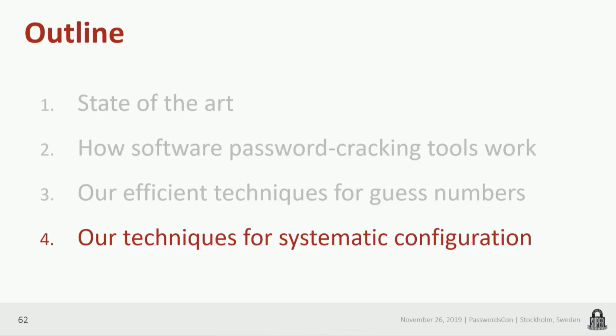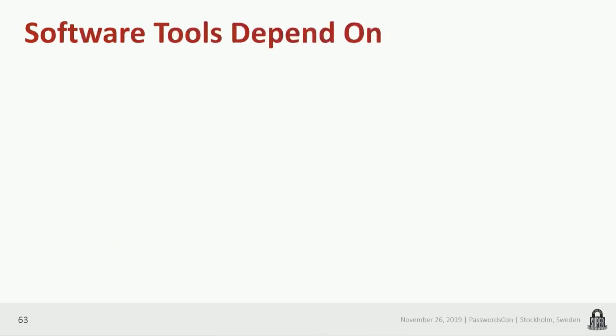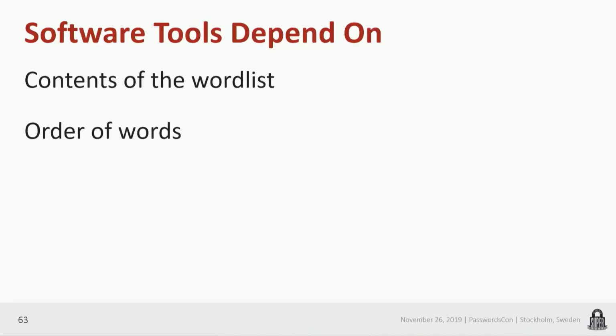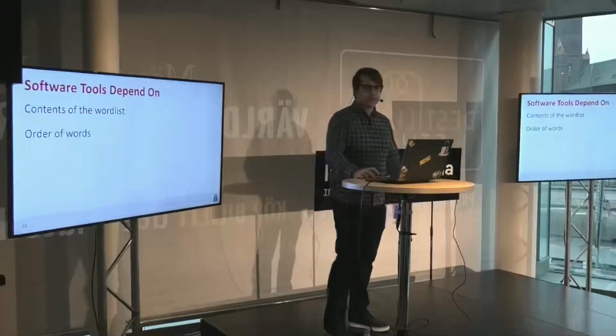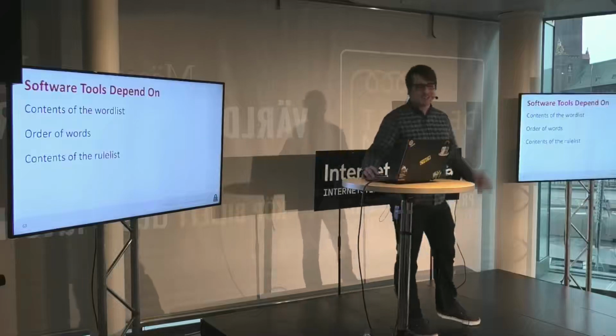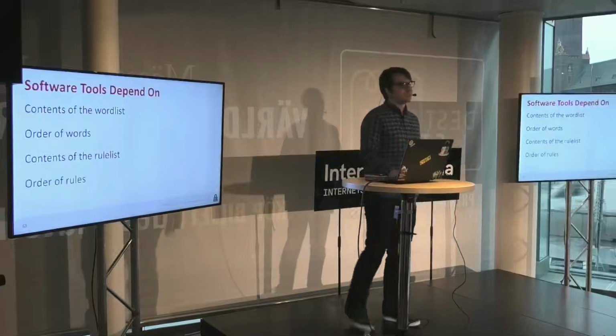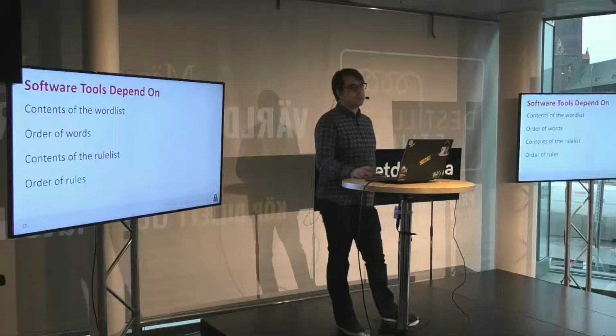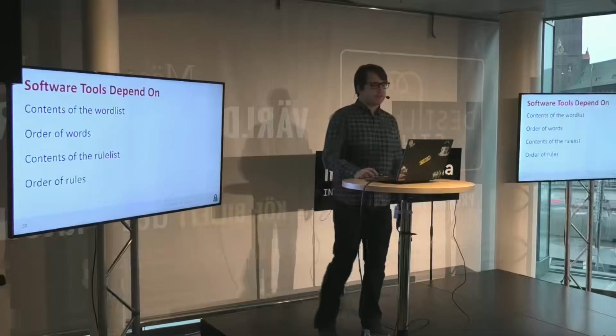So can we do something similar for Hashcat and John? The attack is going to depend on a couple of things for these tools. First is what's in your word list, and next is the order of the things in your word list. Next is what's in the rule list, as well as, you might guess, the order of the rule list.